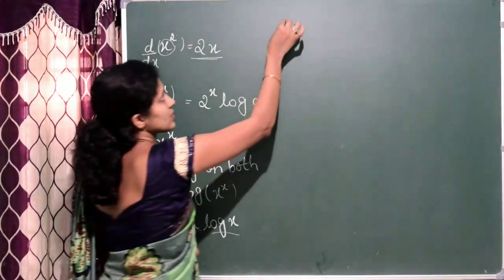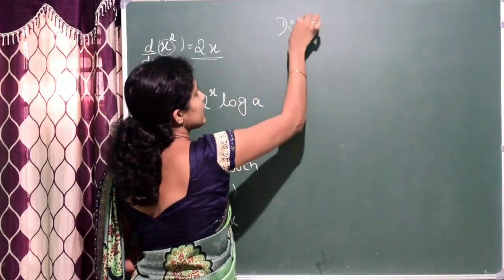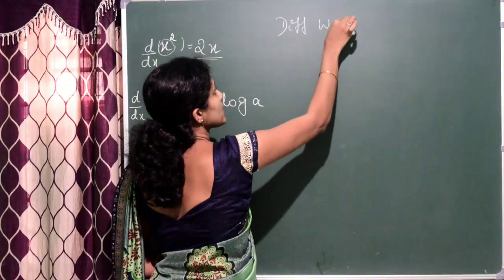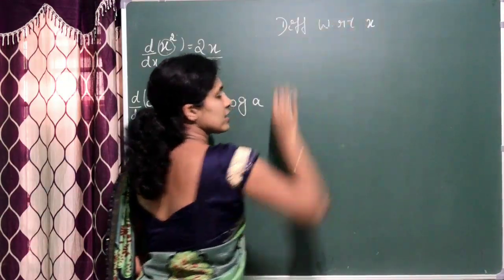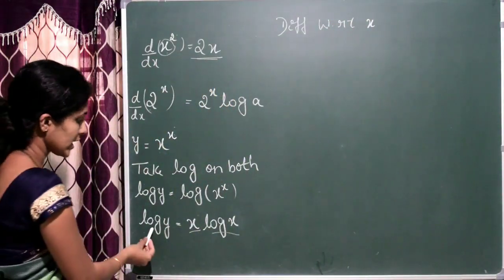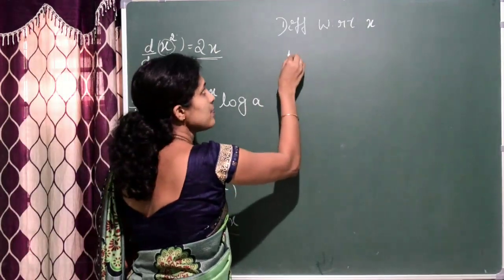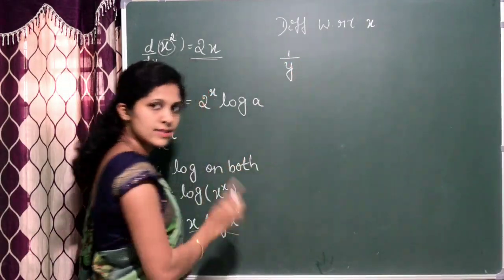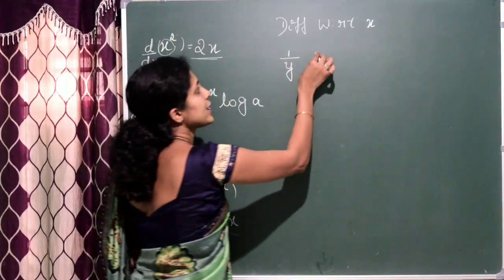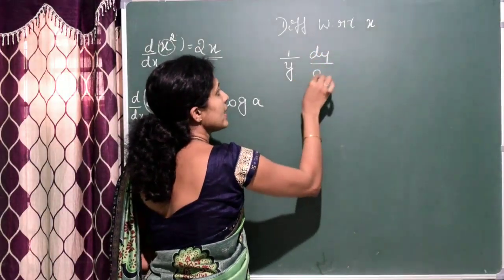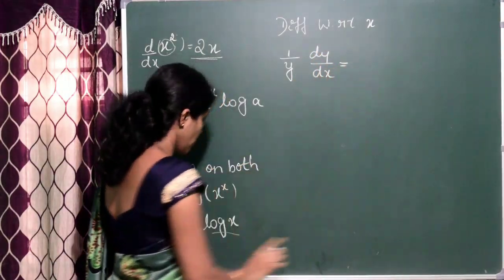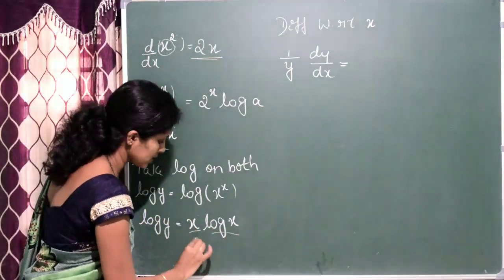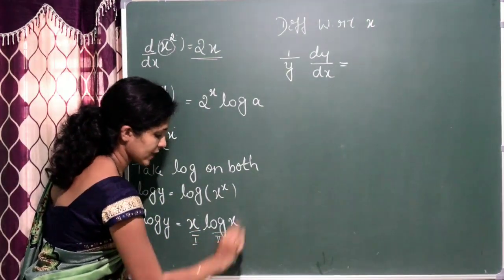Is it clear? Now we will differentiate this function with respect to x. So derivative of log y will be 1 by y, into the derivative of y, which is dy by dx. This is equal to, here you have to apply the product rule. This is considered first function and second function.